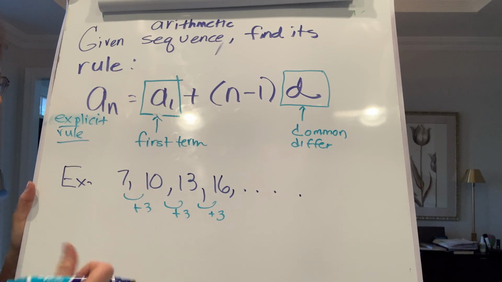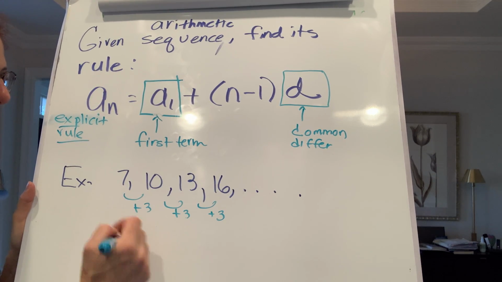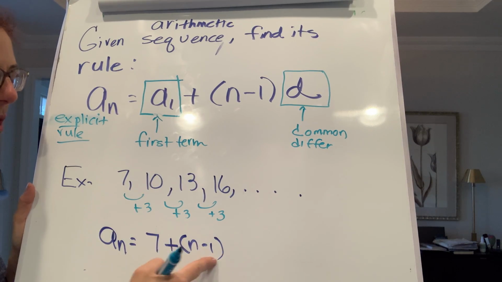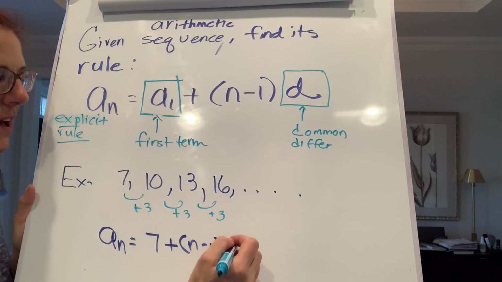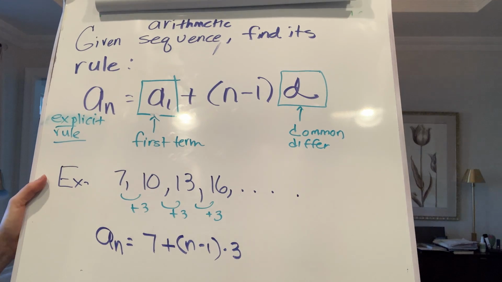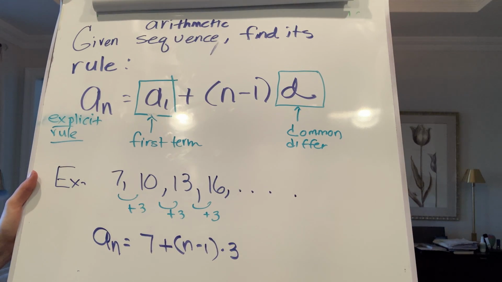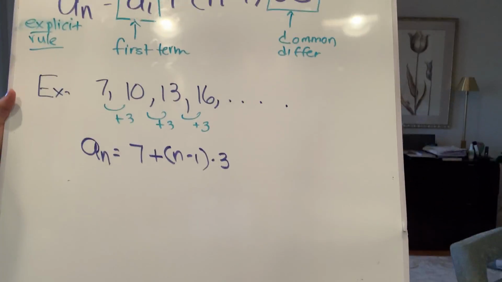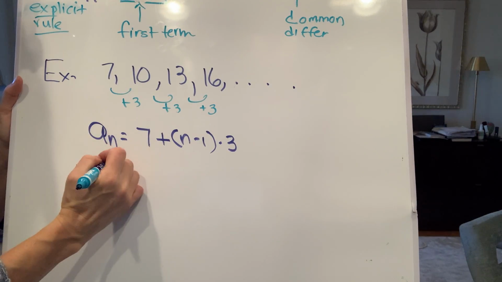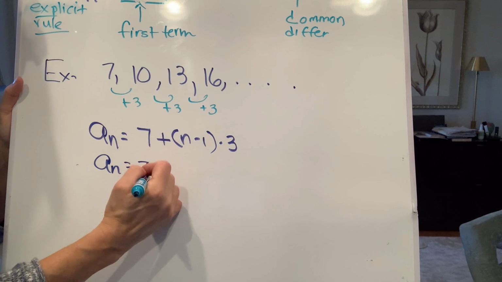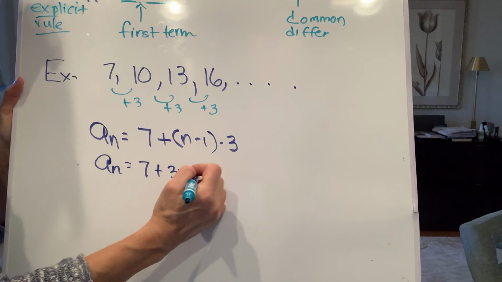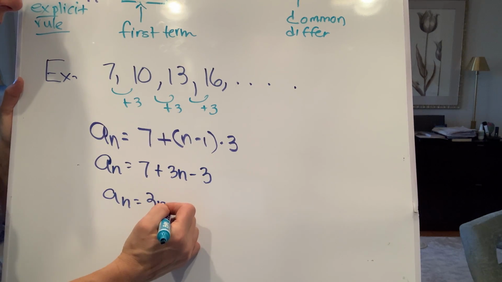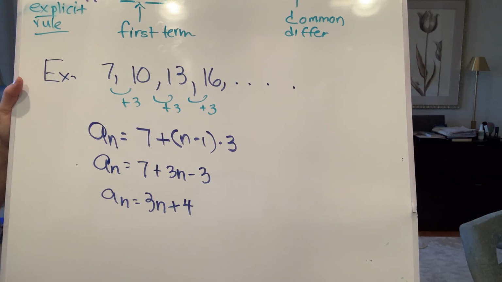So that is our rule: the first term 7 plus n minus 1, which stands for 1 less than its place, times 3, the common difference in this case. All right, we do want to go ahead and simplify that. So that would be 7 plus 3n minus 3, or 3n plus 4.